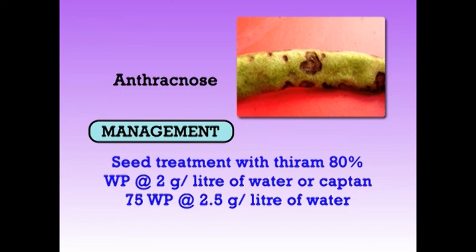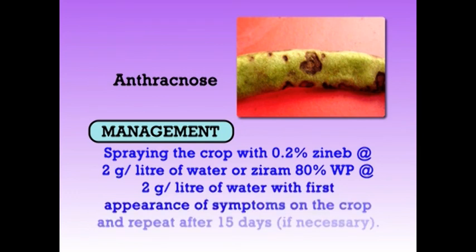This can also be managed by spraying the crop with 0.2% Zineb at the rate of 2 gram per liter of water or Thiram 80% WP at the rate of 2 gram per liter of water with the first appearance of the symptoms on the crop and repeat after 15 days if necessary.